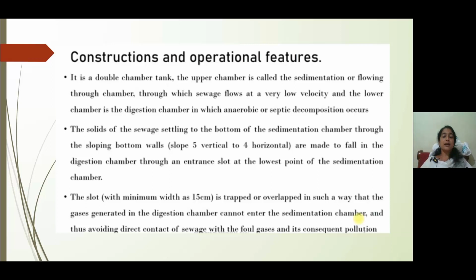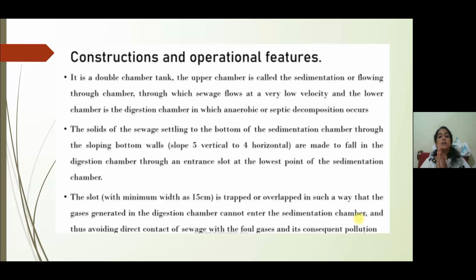Now the construction and operational features of an Imhoff tank. It is a double chamber tank. The upper chamber is called the sedimentation or flowing-through chamber, through which the sewage flows at a very low velocity, and the lower chamber is the digestion chamber, in which anaerobic or septic decomposition occurs.